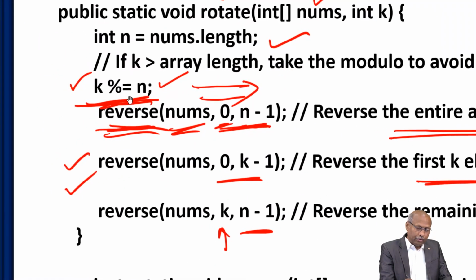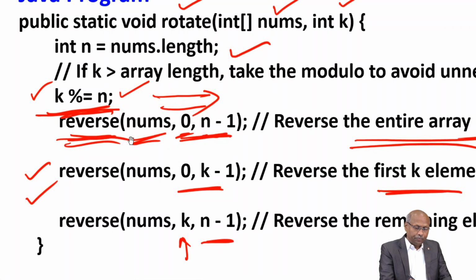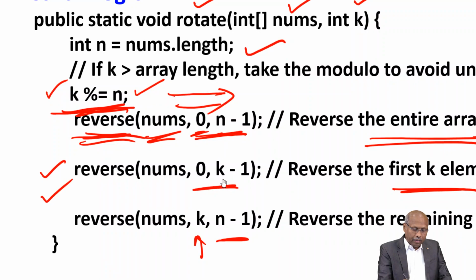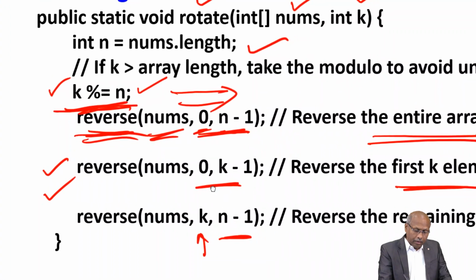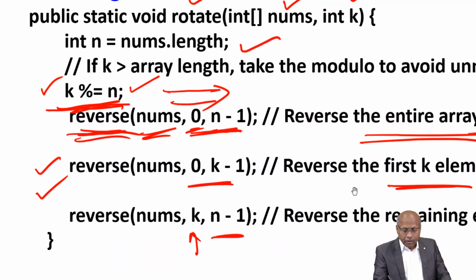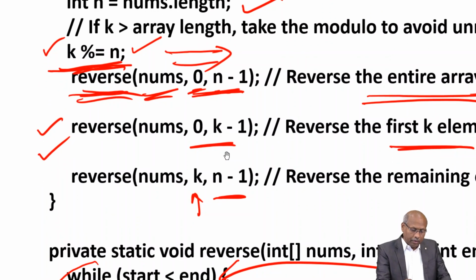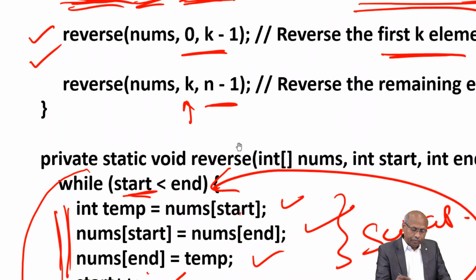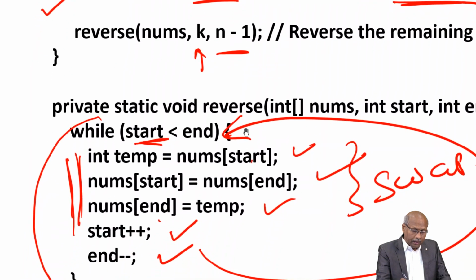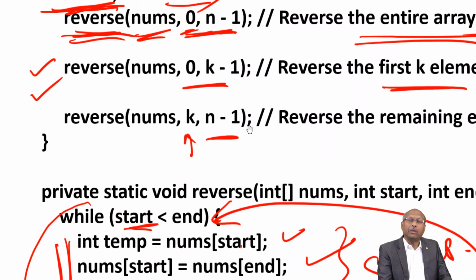Now, after swapping, again the remaining elements: 0 to k minus 1, same process. Then k to n minus 1. So this is the way it's swapped.